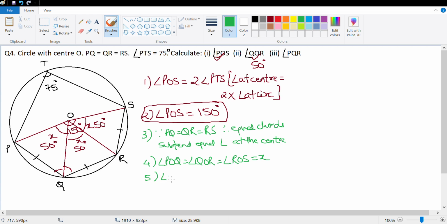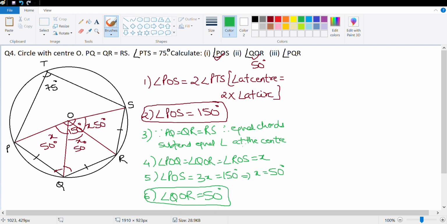Point number 5, angle POS is equal to 3x is equal to 150 degree, which means x is equal to 50 degree, which means angle QOR is equal to 50 degree. So the second part of the question is also done.